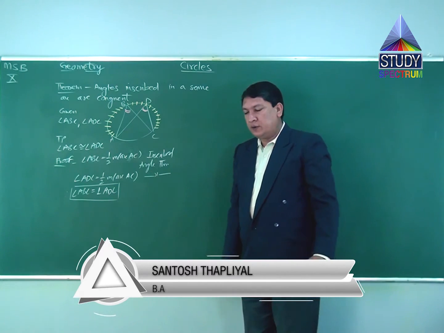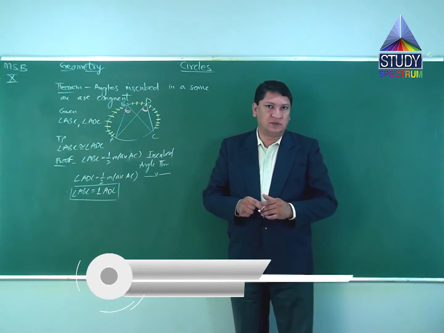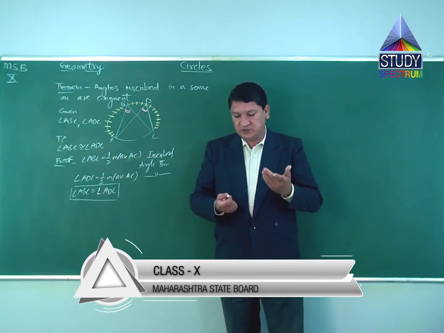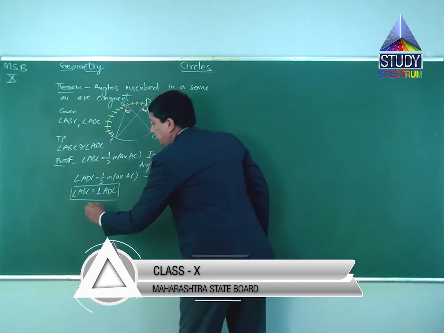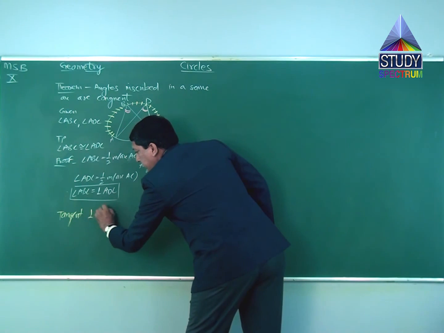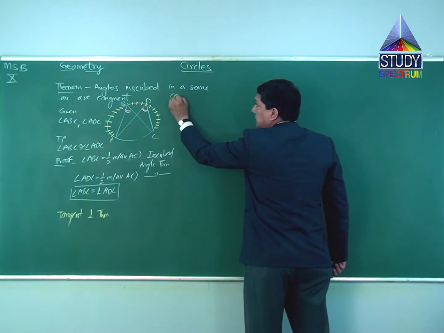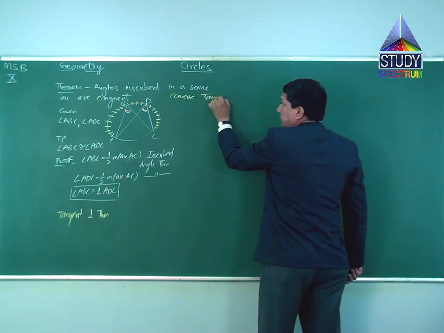So what we'll do now is revise all the theorems we have done so far in circles, so that we can start with the sums next. We began with the tangent perpendicularity theorem. After that, we did the converse of the tangent perpendicularity theorem.